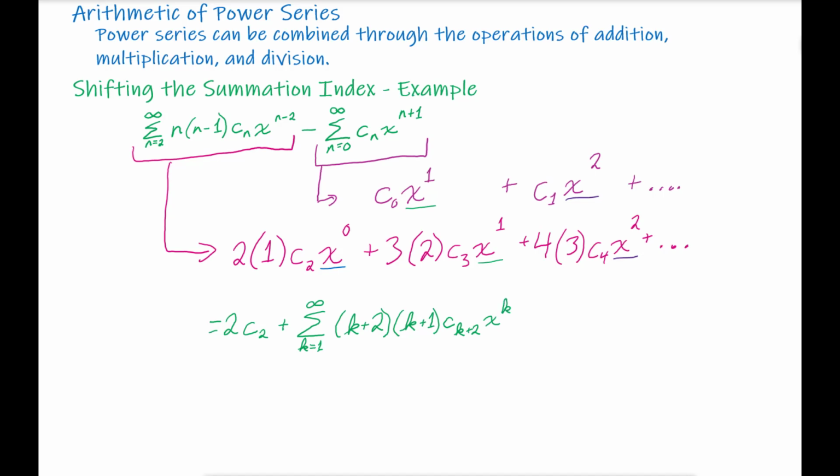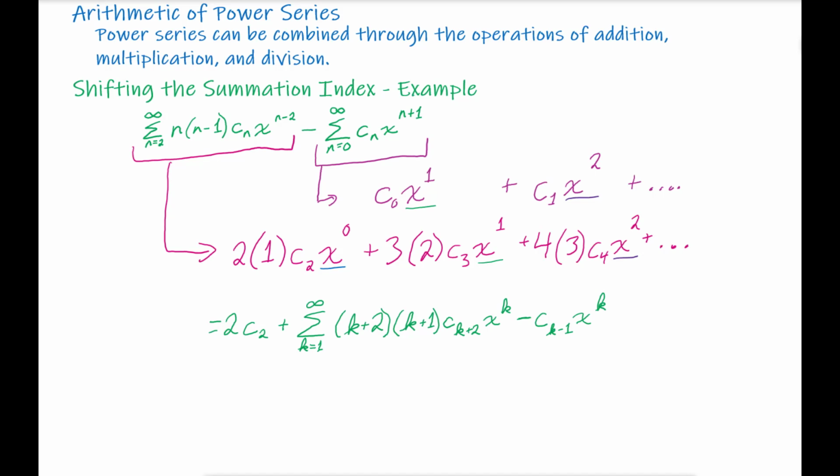And then we need to subtract the term from our second power series, our second sum. So we're going to do minus c sub 0 in terms of k's. Well, 0 is 1 minus 1, so we'll do k minus 1. And then that also is multiplied times x to the k. So we notice that both of our terms of our sum have an x to the k power in them.